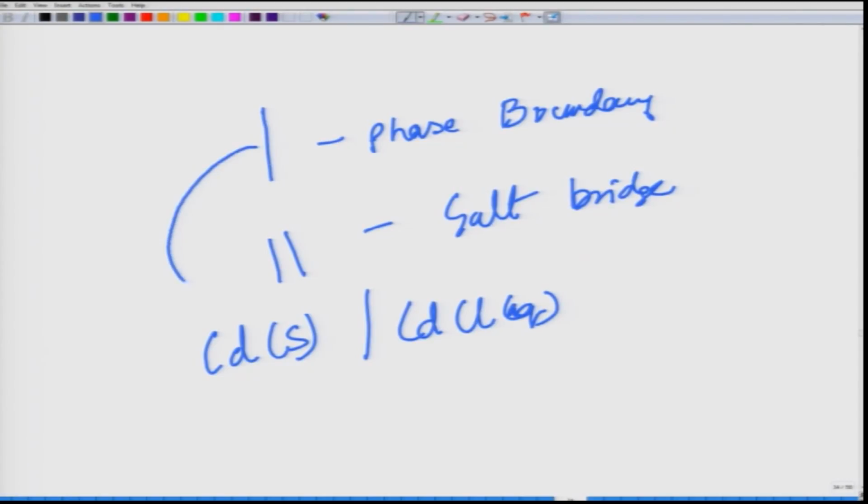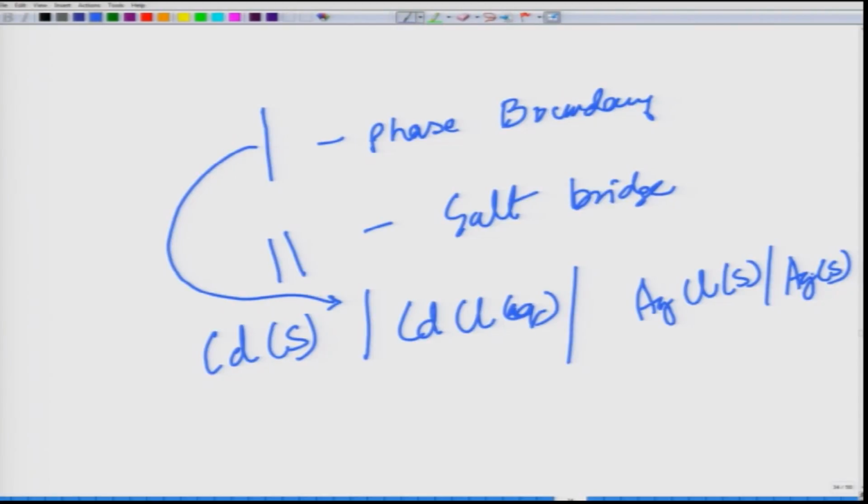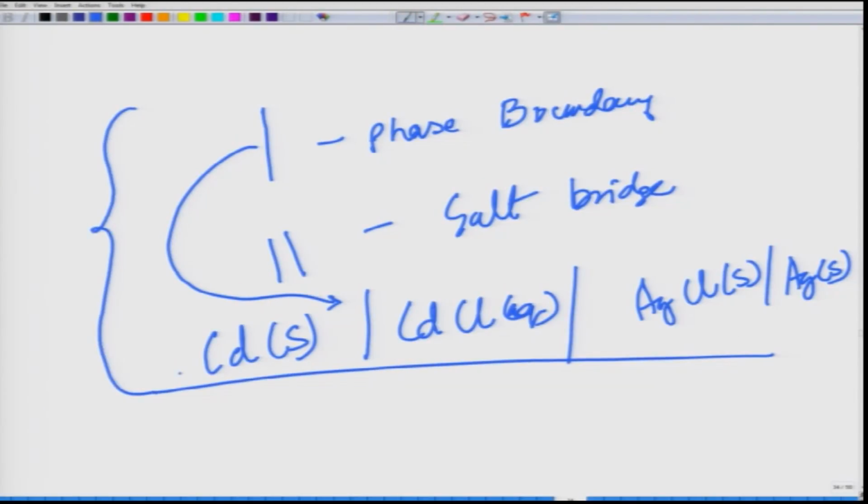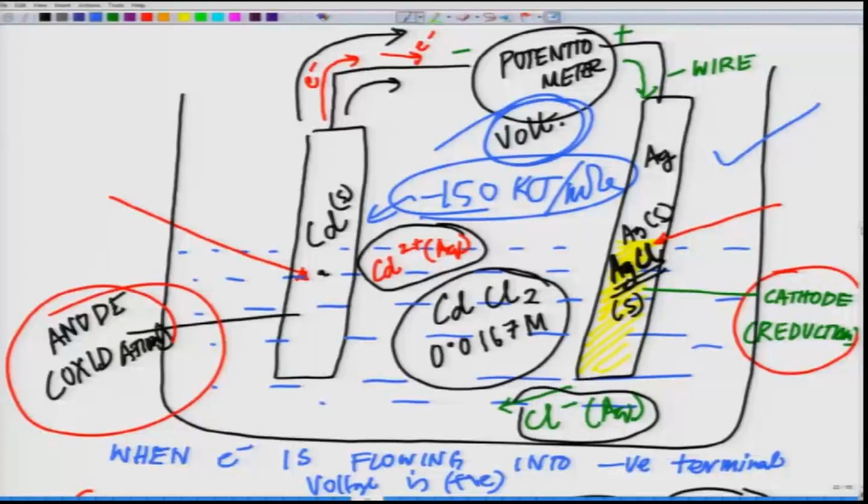So, this is the phase boundary between cadmium and cadmium chloride, and this is that electrode we talked about earlier, where you do not have any separation. You have the AgCl solid, Ag solid. Okay. So, this is where with a single electrolyte we could achieve it.